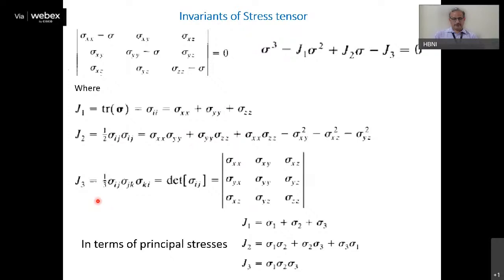And this is another invariant, which is related to the volume change. These are the expressions of these invariants described in terms of the general stress tensor, and you can also describe these invariants in terms of the principal stress components.